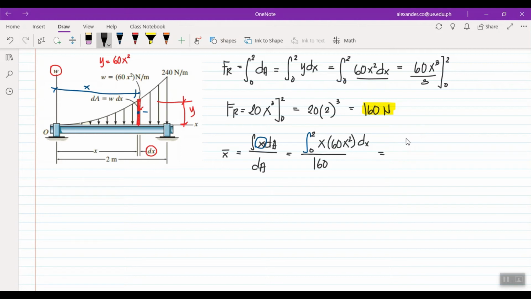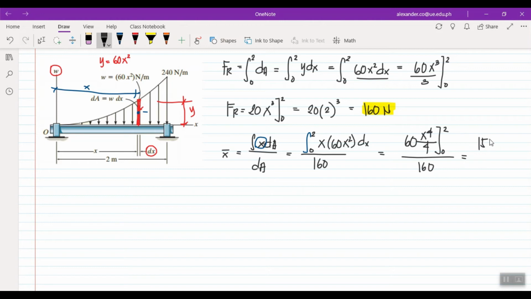So, integrate na natin. 60 x raised to 4 over 4. X times x squared, x cubed. And integrate, so, from 0 to 2 divided by 160. So, it's now 60 divided by 4, 15 para simplified.